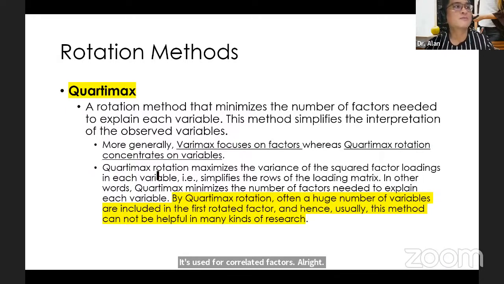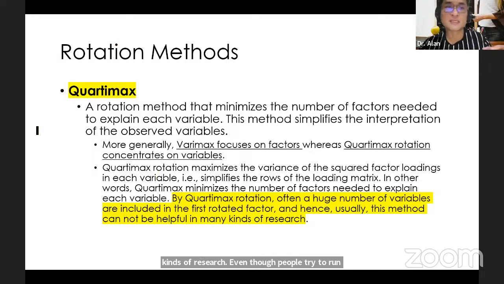Next method refers to the quantimax, okay? By using this quantimax rotation, often a huge number of variables are included in the first rotated factor, and hence usually this method cannot be helpful in many kinds of research. Even though people try to run this.